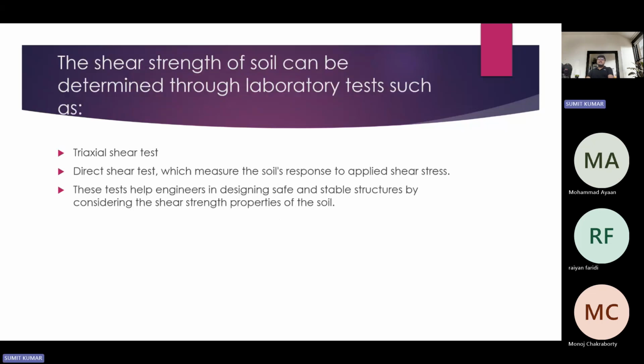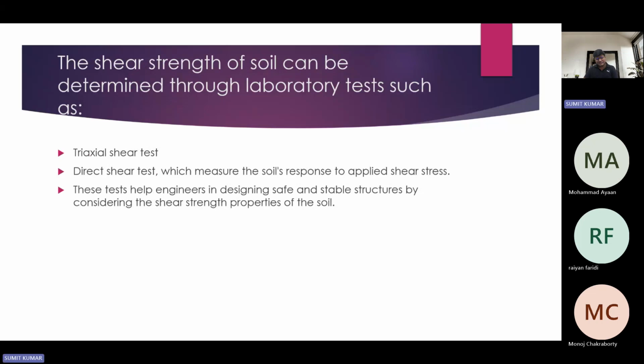Now, the shear strength of soil can be determined through laboratory tests, right? And field tests as well. The types of laboratory tests are like the triaxial shear test and the direct shear test, which is also known as the box test. And these are the most prominent tests which we use.